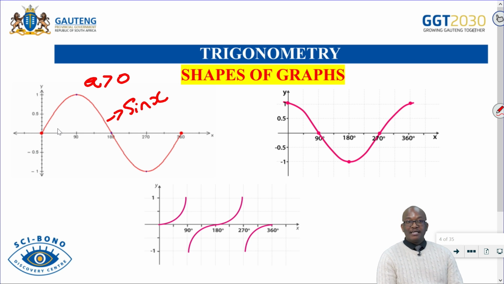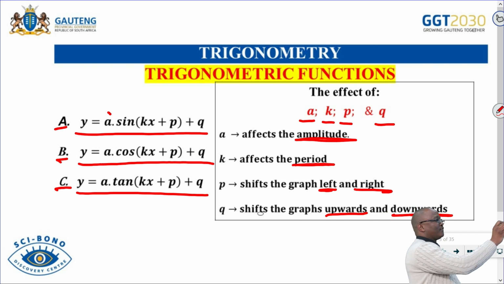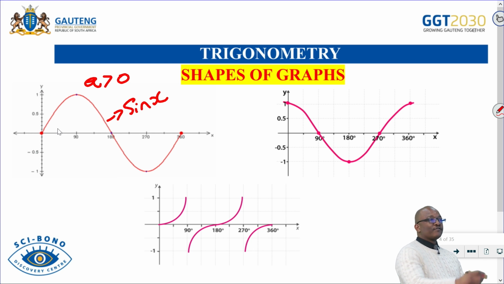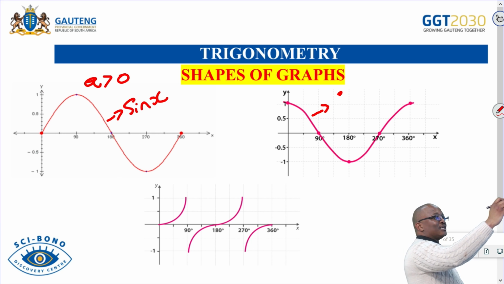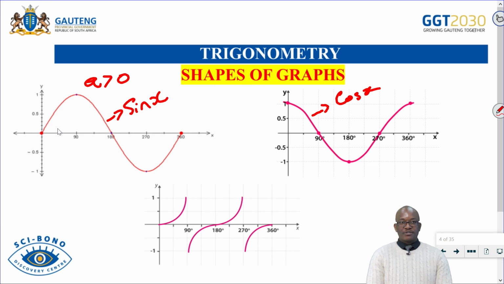Remember, A is the value in front of sine. So when it's positive, which is greater than 0, that's how you see your shape. Then the second graph represents the graph of cos x, and that is the shape of the graph of cos.